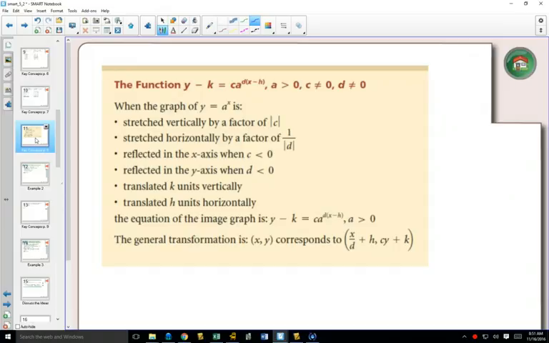They've written this with y minus k. I'll just use the same letters. We'll move that k over to the other side, and then we will just work from left to right.